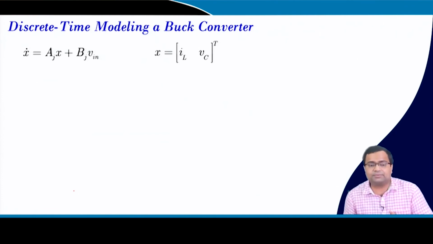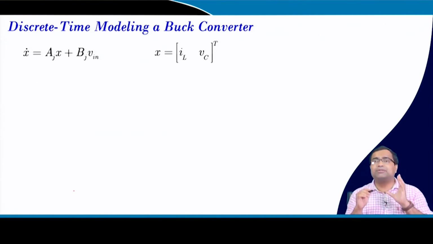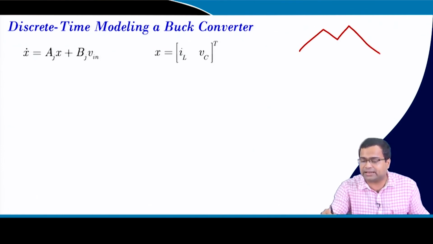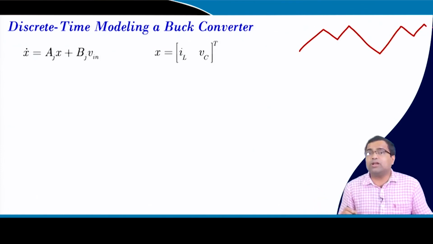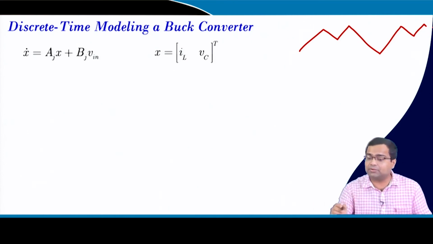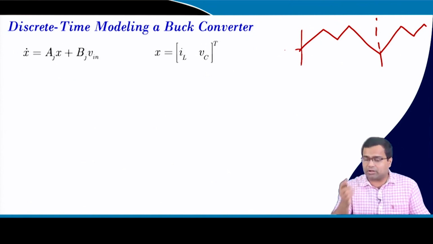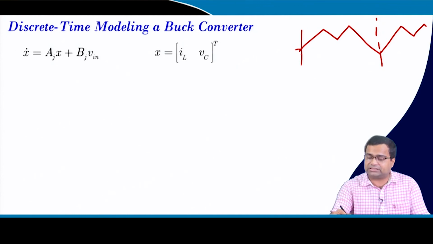And the last one, when we talk about subharmonic instability, there can be this kind of scenario which cannot be captured by a small signal model, and then we need to go for a discrete time model, and find out under what condition this stable periodic behavior is lost.